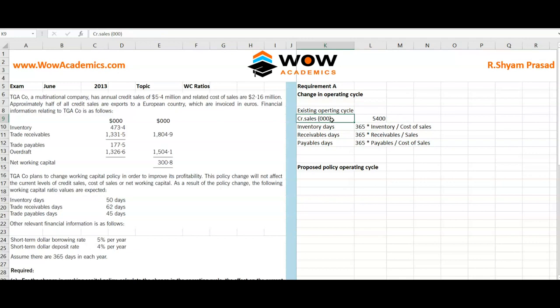Similarly, we also need the cost of sales number, which is 2.16 million.